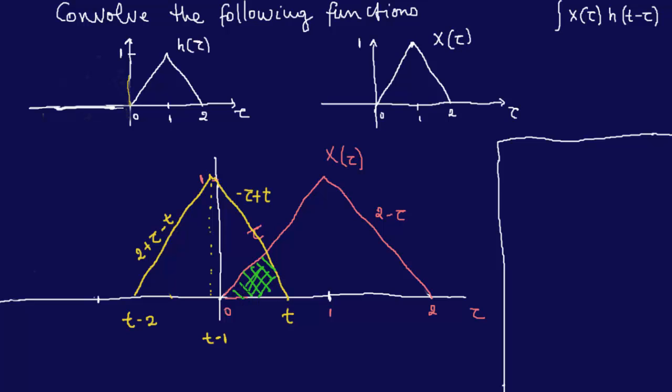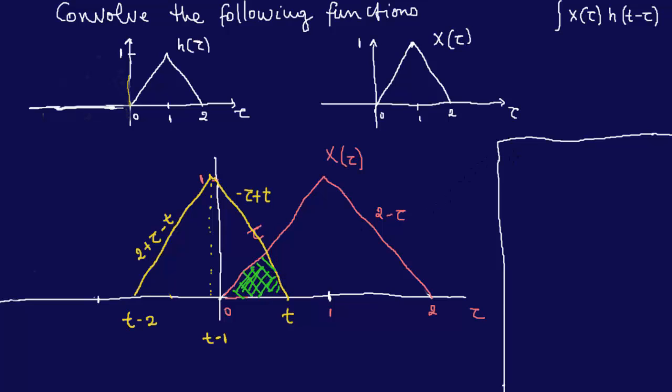This is your overlapping region, bounded by multiplying x of tau and h of t minus tau. This is what you have now. Your h of t minus tau is this line over here.